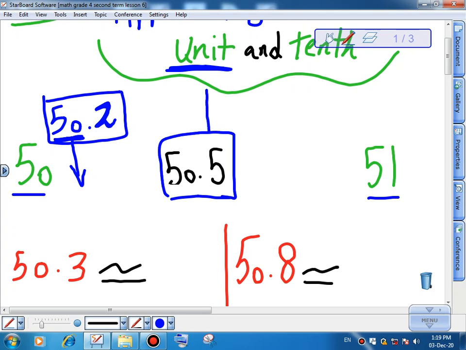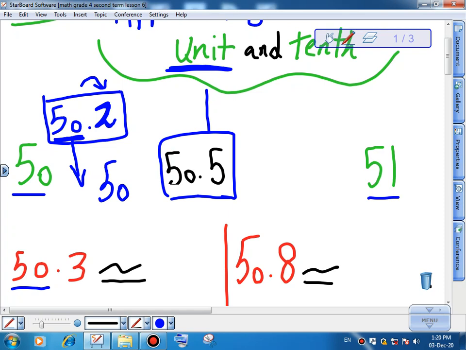If I look at the tenths place, 2 is smaller than 5. So 2 is a weak number, it doesn't do anything, just go and leave the whole part as it is. It will be 50.